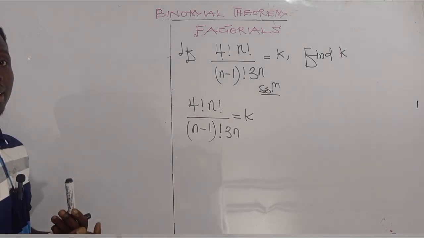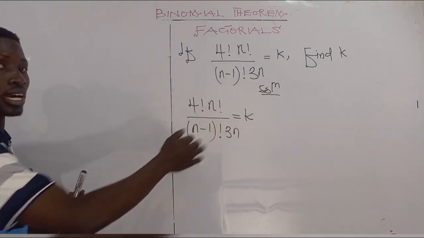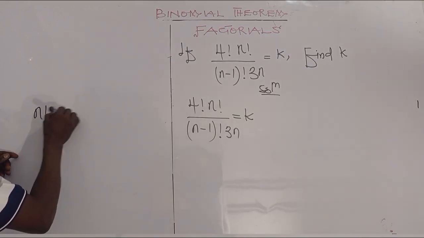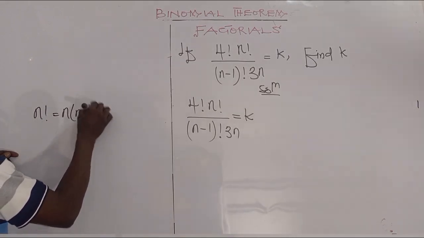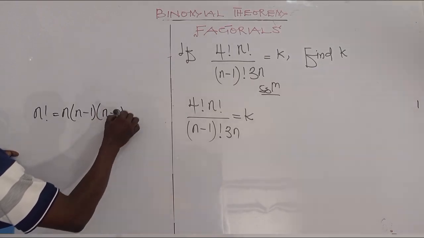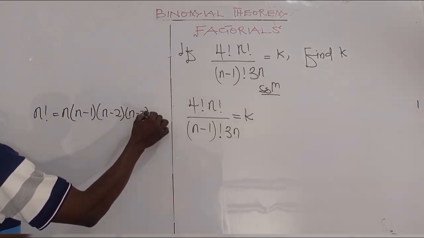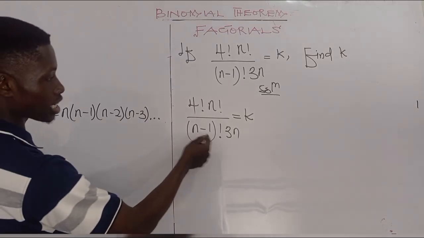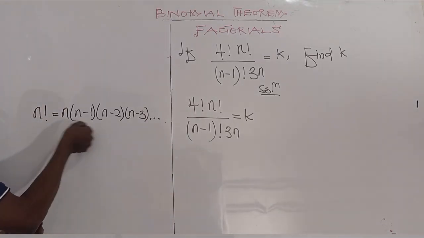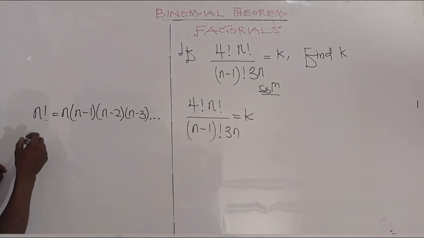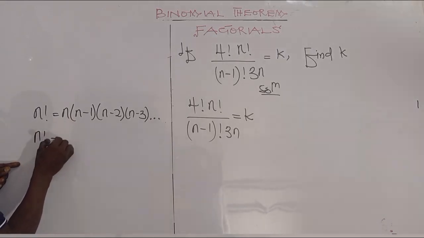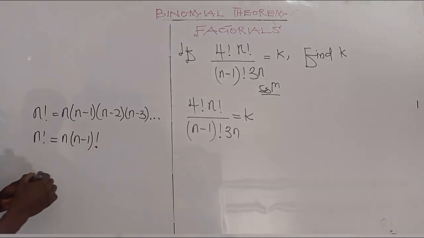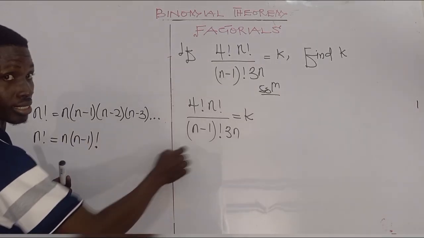In the beginning, we said that n factorial can be written as n times (n minus 1) times (n minus 2), and so on. Since we have n minus 1 factorial here, we can end at this point, so that n factorial is equal to n times (n minus 1) factorial, so that this can cancel that.